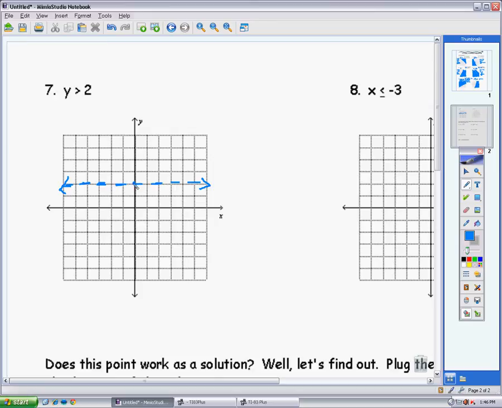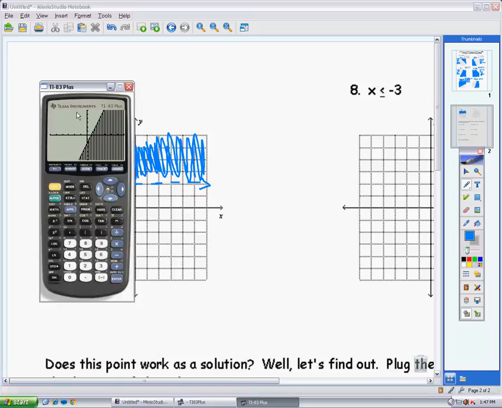So if I come over here to my y-intercept at 2 and y is greater than my line, then I'm going to be shading above. So my shading is going to be above my line.